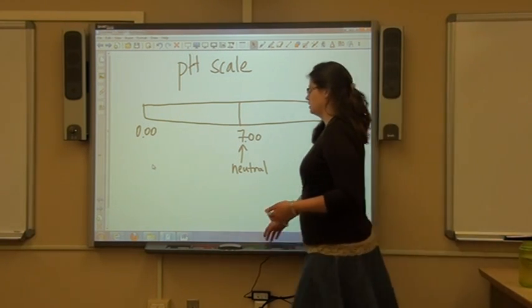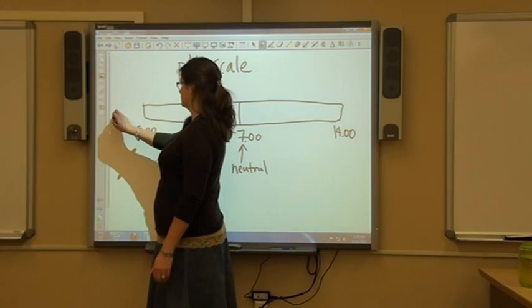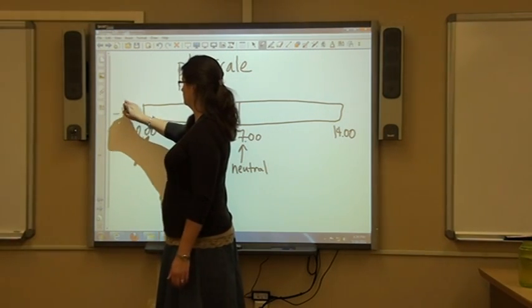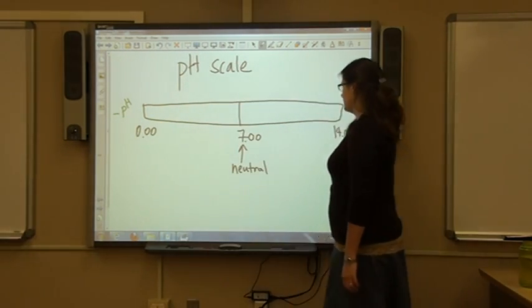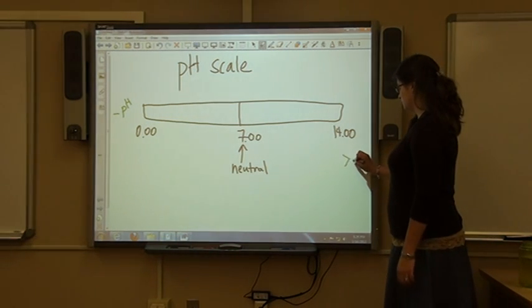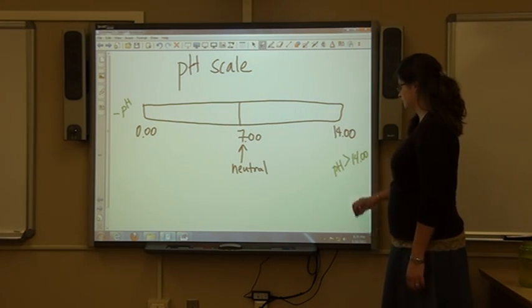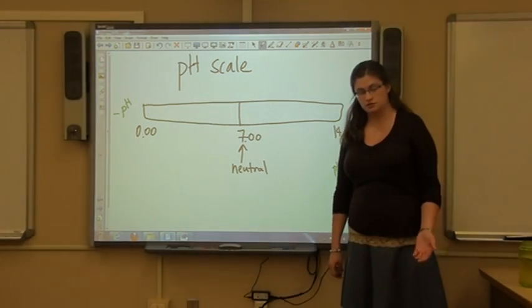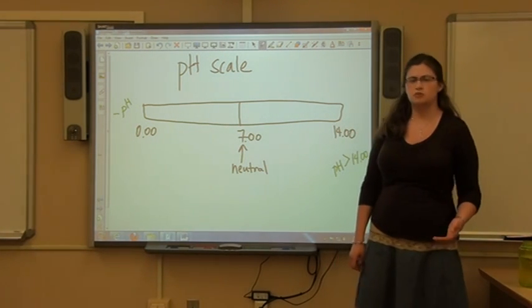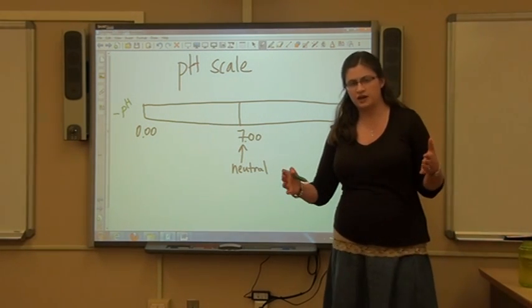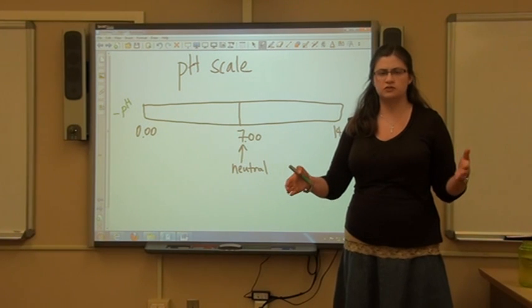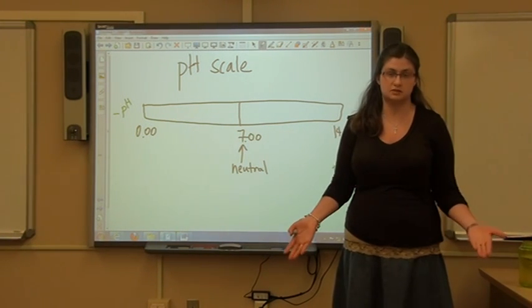However, you can have a negative pH, and you can have a pH of greater than 14, depending on what kind of solution you have. It's just that in most of our daily work, we find that 0 to 14 encompasses most of the substances we're experiencing.